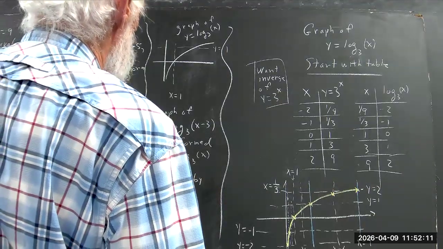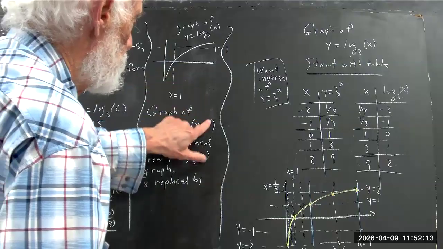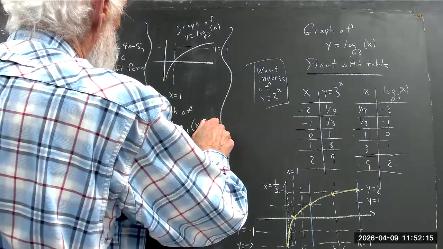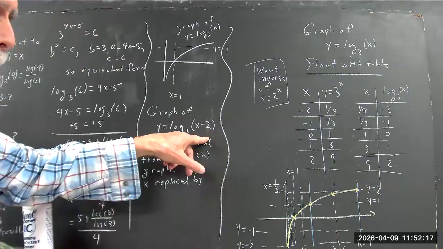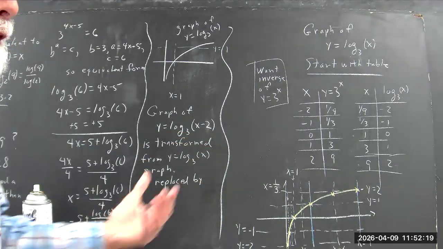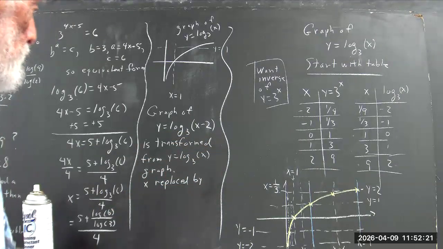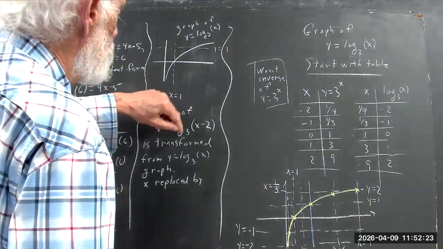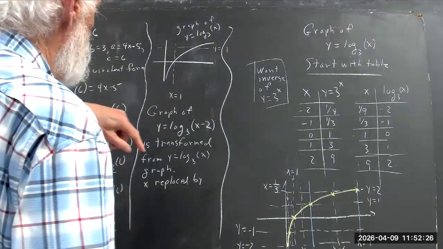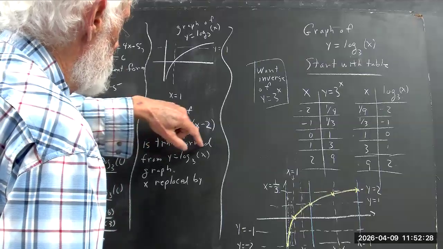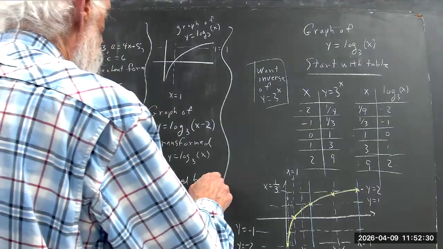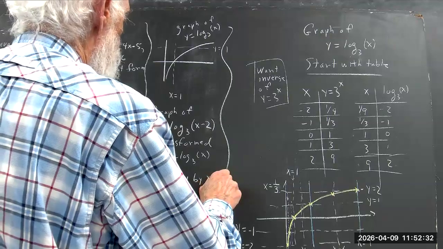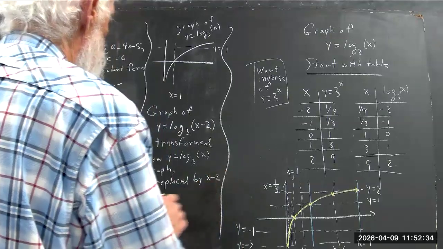I'm going to change this. I don't want too many threes in there. I'm just going to do x minus 2, just changing the problem a little bit so we don't confuse the threes. So y equals log base 3 of x minus 2 is transformed from the log base 3 of x. x has been replaced by x minus 2.